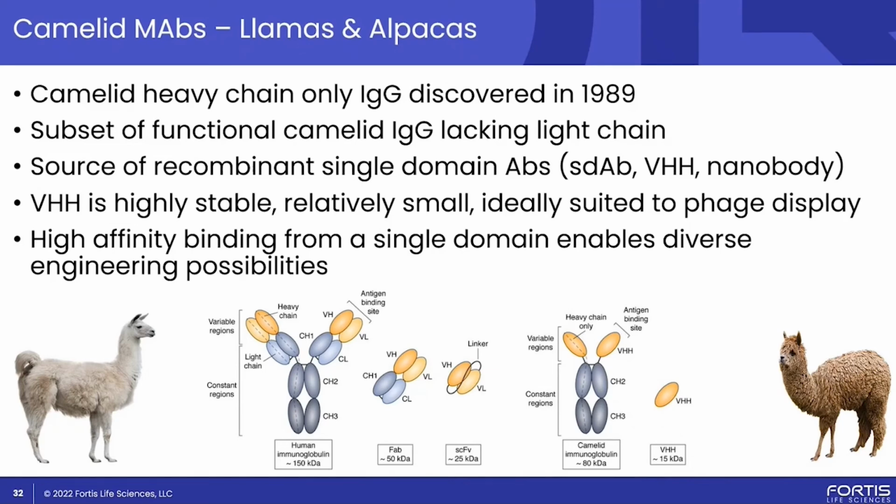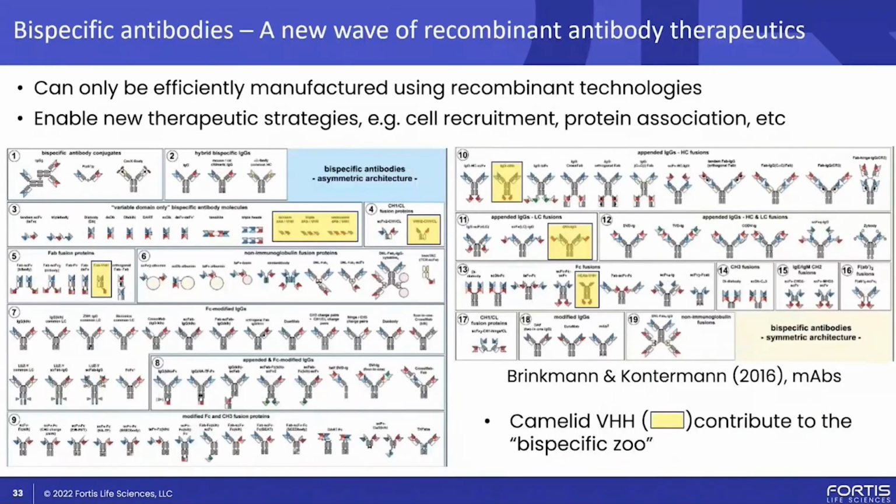And so this is enabling a new class of therapeutics called bispecifics. This chart here from Brinkman and Konterman shows what's called the bispecific zoo. So this is really the next potential wave of therapeutics. Many of these formats are in the clinic now.